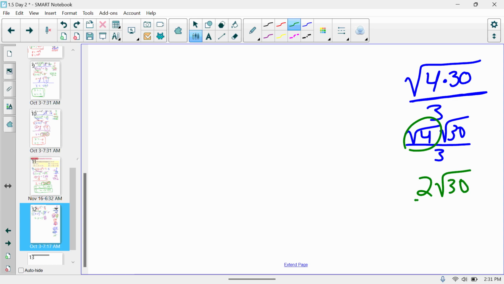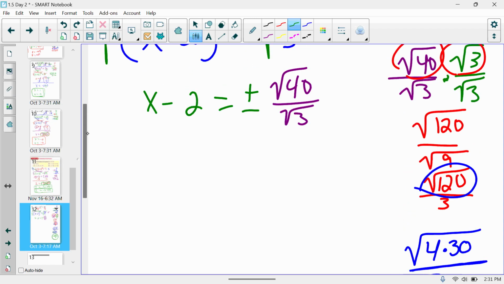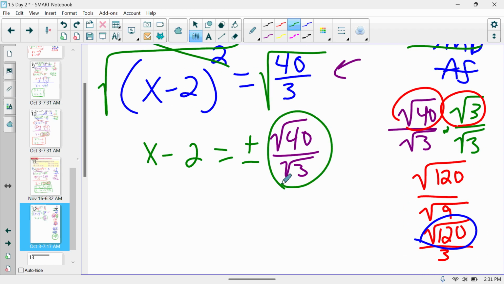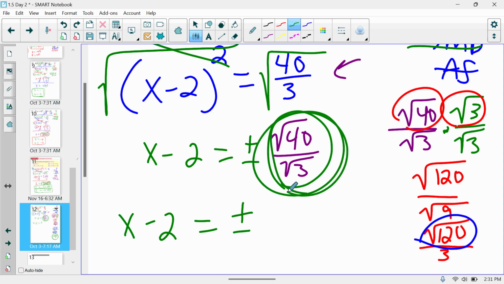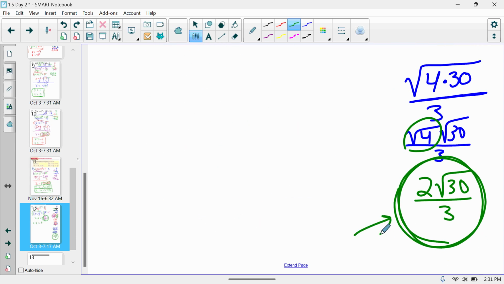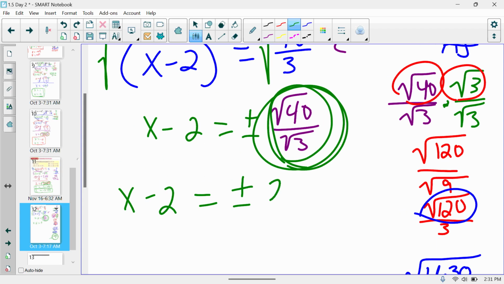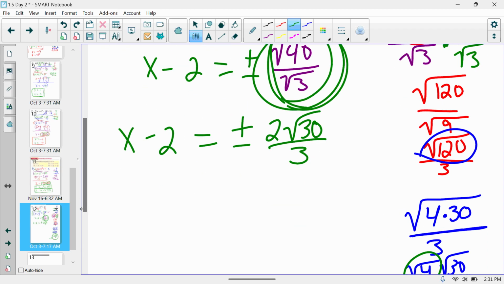Okay? So this is the simplified version of this guy, okay? So we're going to go ahead and change this thing. Instead of having this, we're going to put that simplified thing that we found, 2 radical 30 over 3, okay?